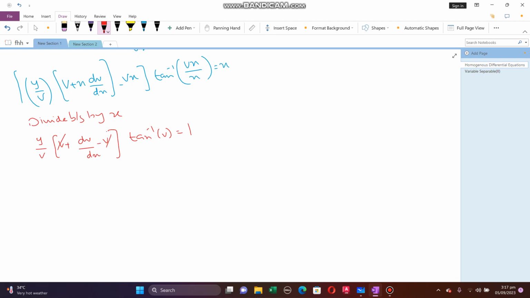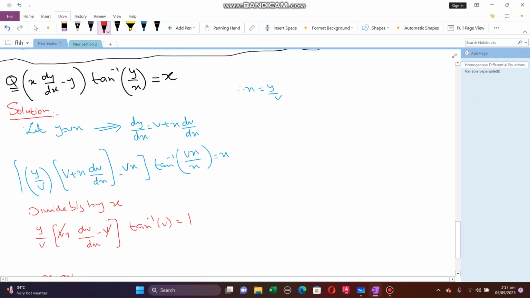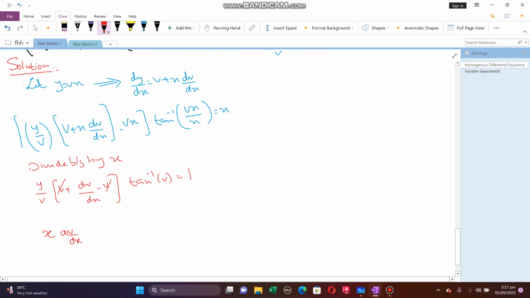So ultimately we are left with x dv by dx tan inverse v is equal to 1.